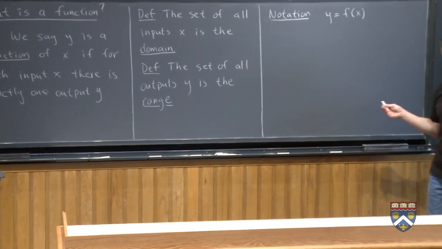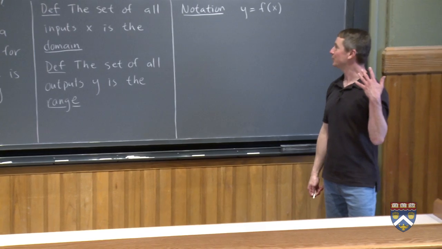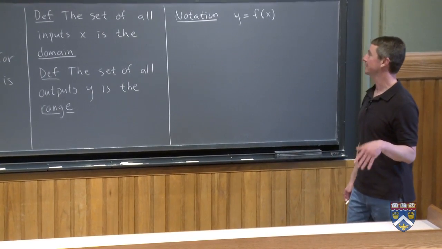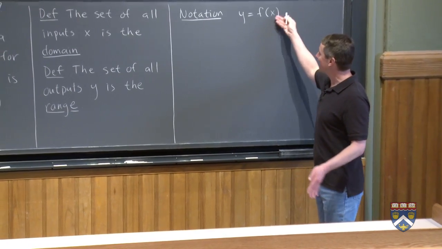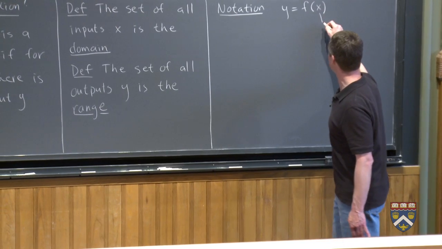And as we'll see this semester, having good notation really makes a big difference in a math class. If you have bad notation, it can be confusing, especially if this catches on, and we might see an example of that later today. But here it really looks like you're feeding the x into the function and the y is coming out, right? So the x is the input.